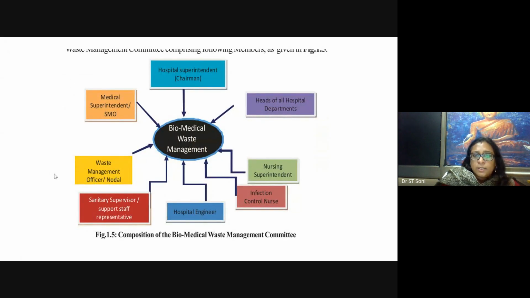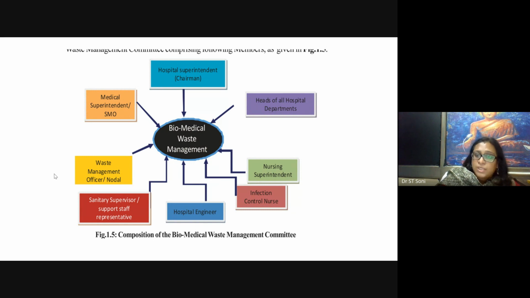This is the smaller infection control committee, I can say, in the less than 30 bedded hospital. So the hospital superintendent with all the composition of the biomedical waste management committee. So here again, a waste management officer rather than the infection control officer, it will be a waste manager. So most of the time, if your sanitary inspector is good and has a good knowledge, he will be able to control and manage things in an appropriate manner without any disaster, okay, without any chaos in the system.